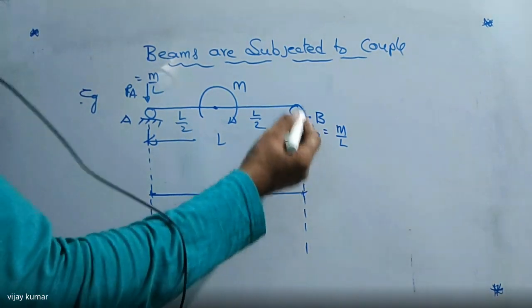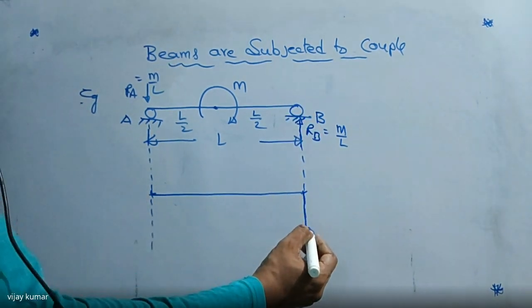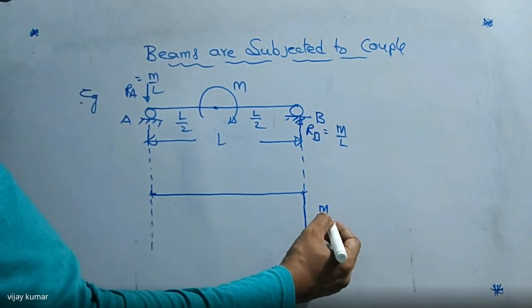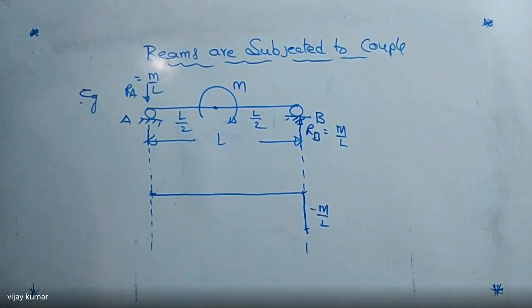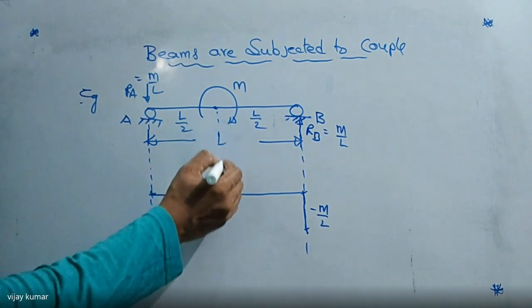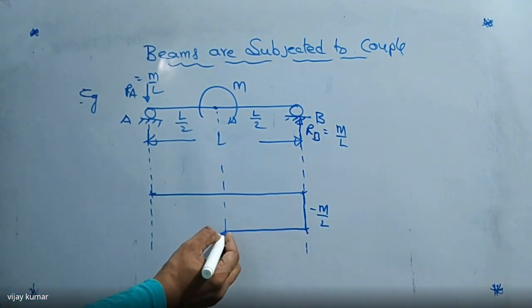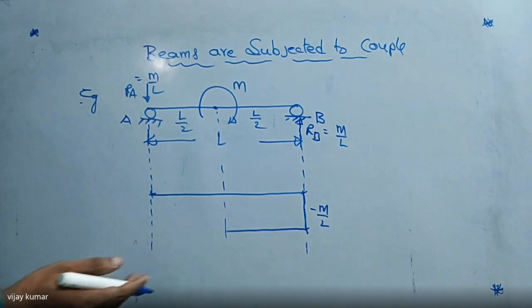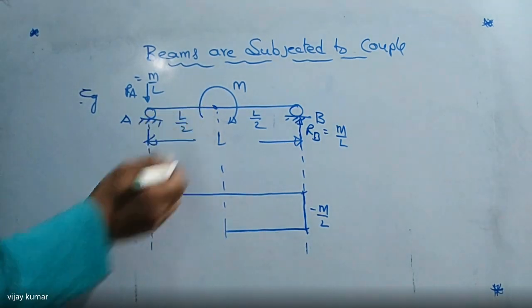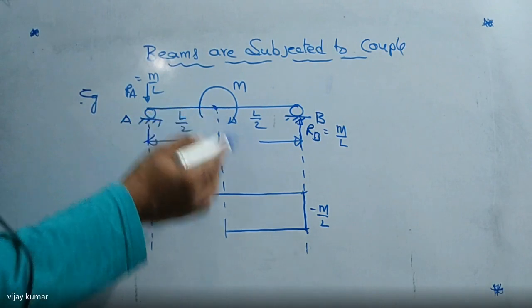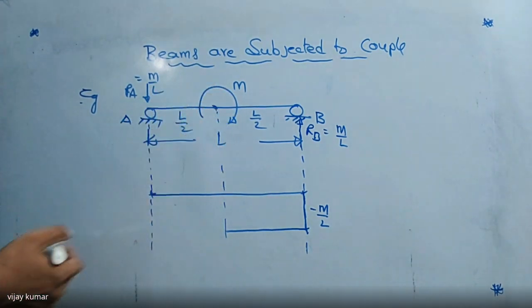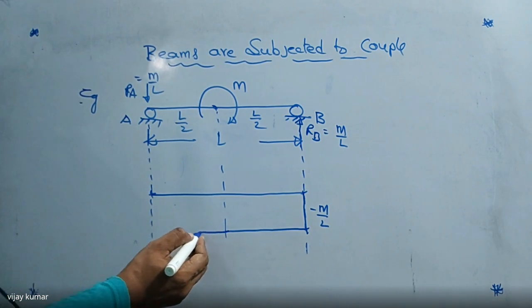This force is moving upward, so shear is negative. So I can write here M by L, that is negative. Up to this one it is the same. There is no change up to this one. There is no force at point B, point C here. So we never consider the moment in case of drawing the shear force. So up to this one we are getting the same value.